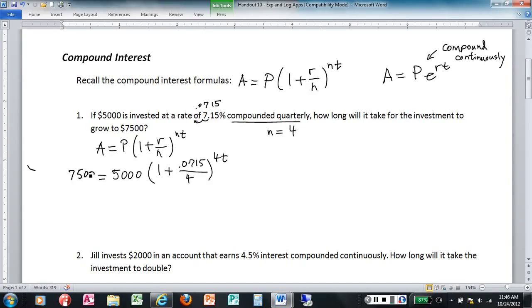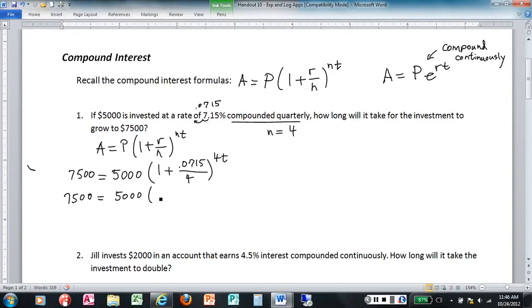I'm mentioning this type of equation now because notice this is an exponential equation, and we're going to have to solve for T. And notice where T is. T is in the exponent. Let me go ahead and simplify the parentheses. So that would be 7,500 equals 5,000 times, we divide 0.0715 by 4.